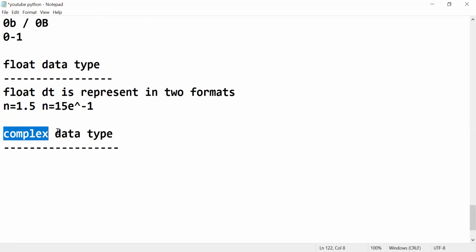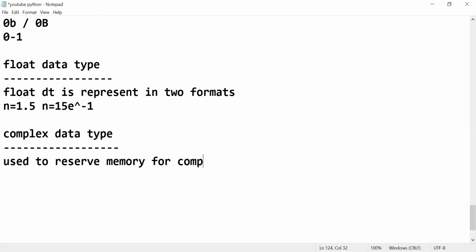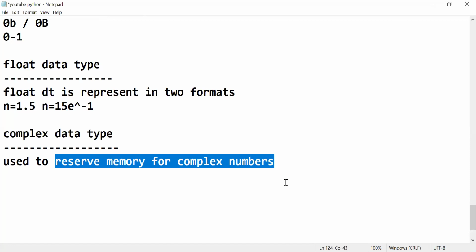This complex data type is used to reserve memory for complex values, or complex numbers.